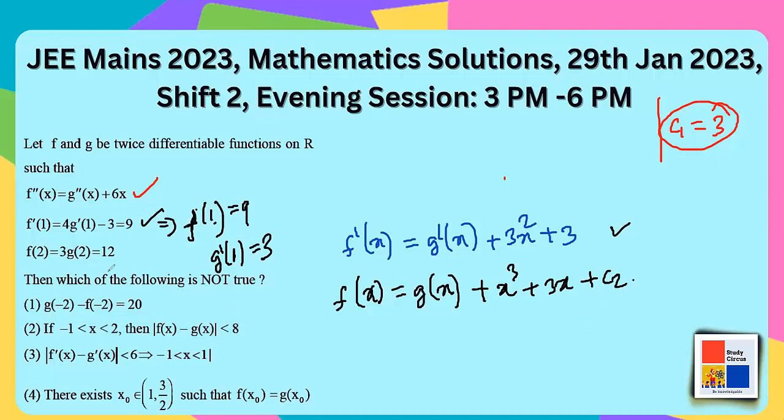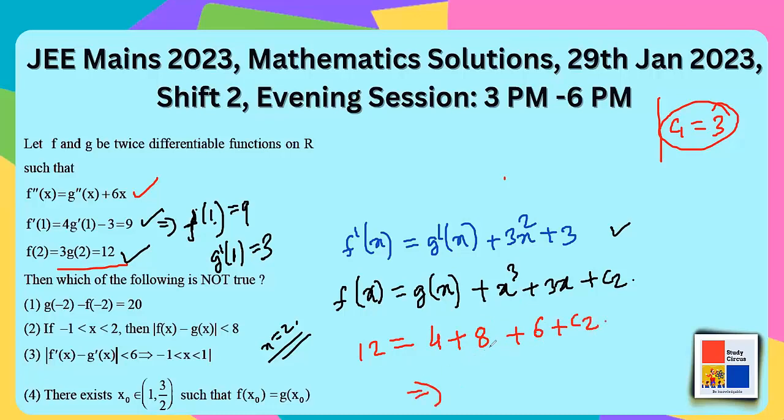And then based on this information here, I can figure out the value of c2. f 2 is 12. So if I take x equal to 2, f 2, that is 12, is equal to g 2, g 2 from here is 4, right? So 4, x is 2, so 8 plus 6 plus c2.